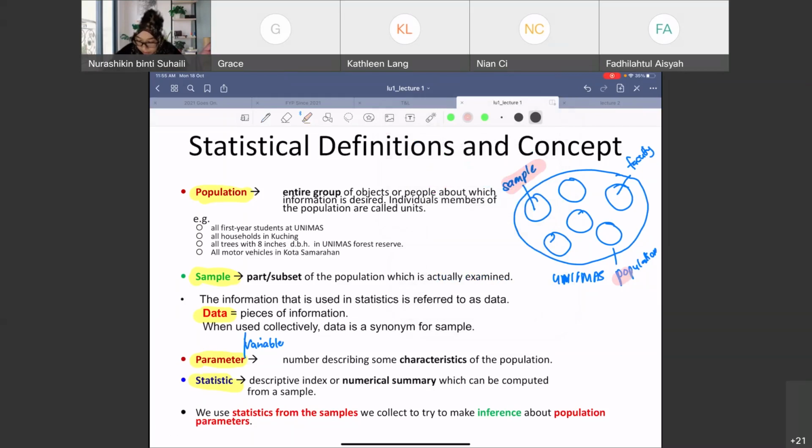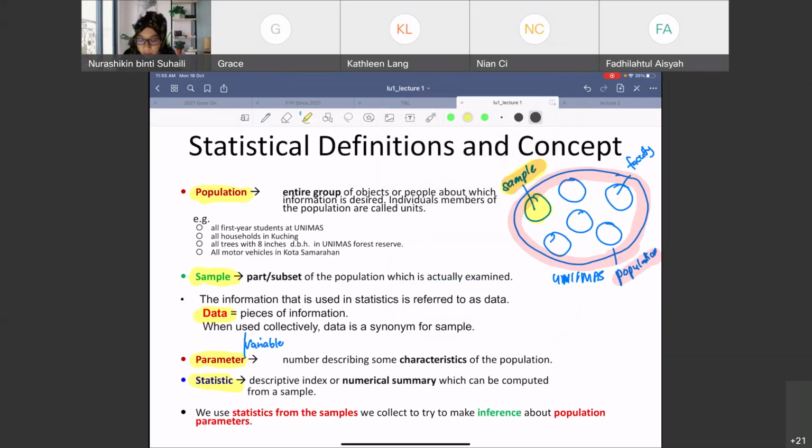This is the population, and this is a sample. Inside the population there are many samples. It should be more than one sample, and only then can it be called a population.